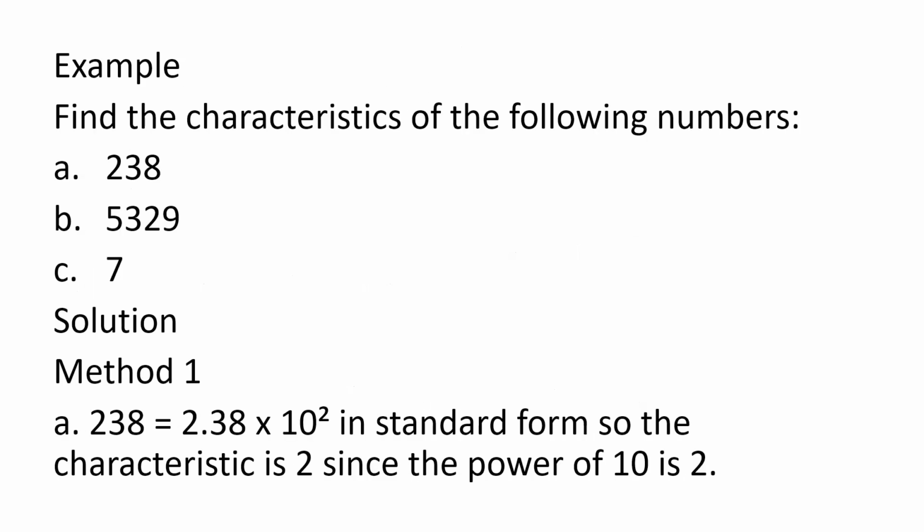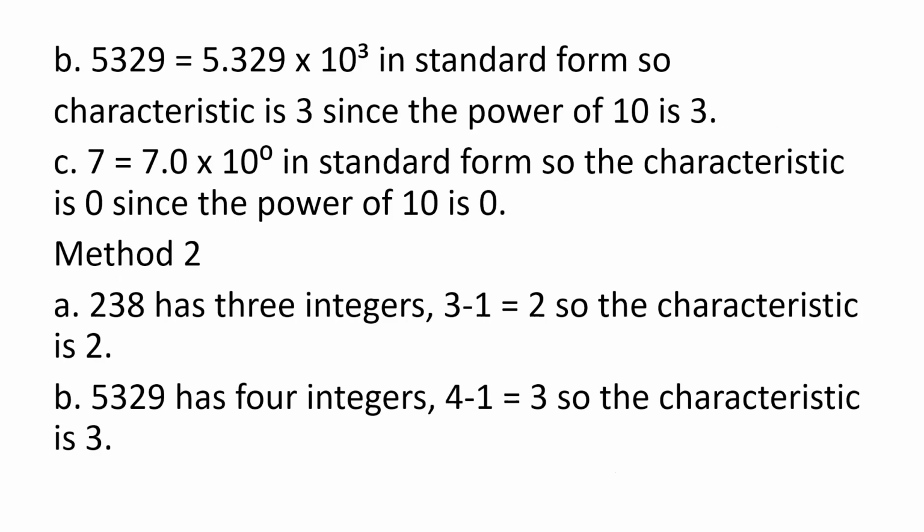Example. Find the characteristics of the following numbers. A. 238. B. 5329. C. 7. Solution. Method 1. A. 238 equals 2.38 times 10 raised to power 2 in standard form, so the characteristic is 2 since the power of 10 is 2.